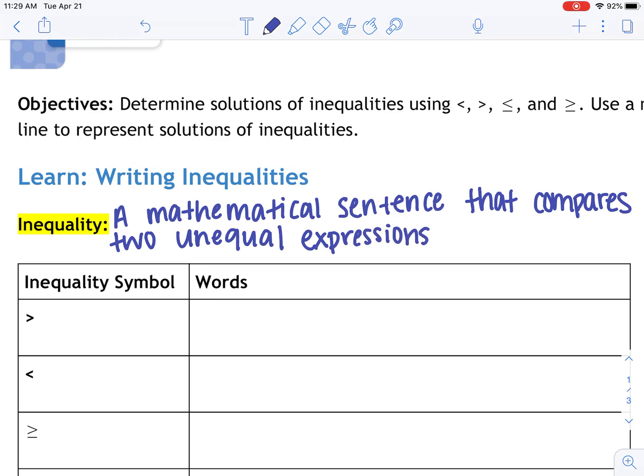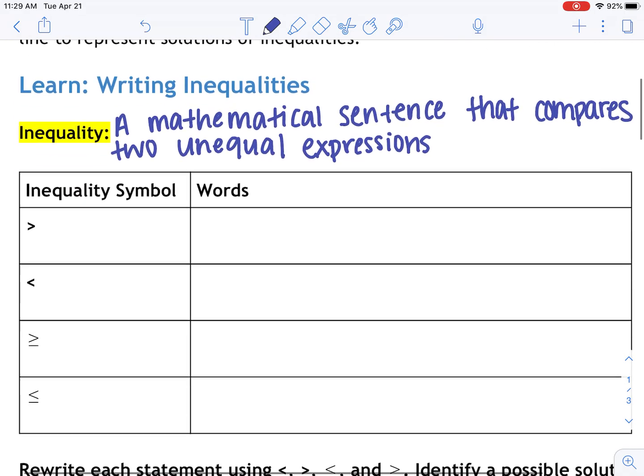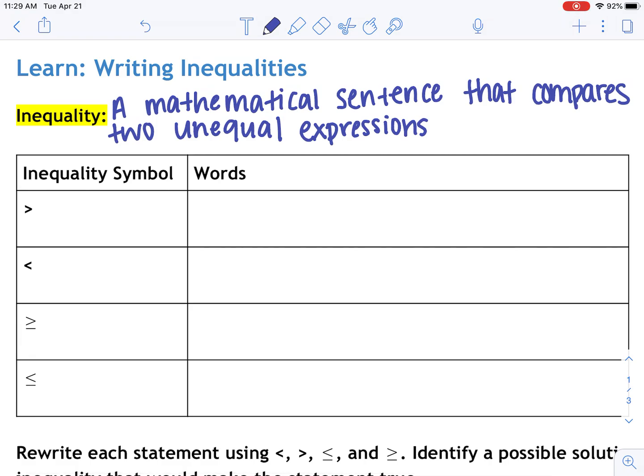Okay, a mathematical sentence that compares two unequal expressions. And when we're writing that sentence, we're going to use the symbols that you see here in the chart.